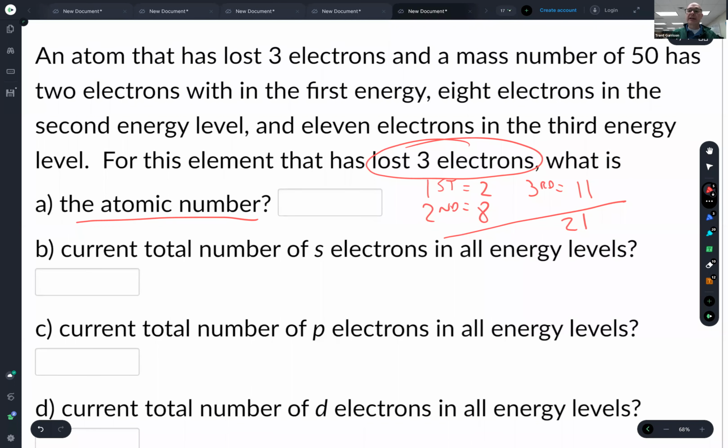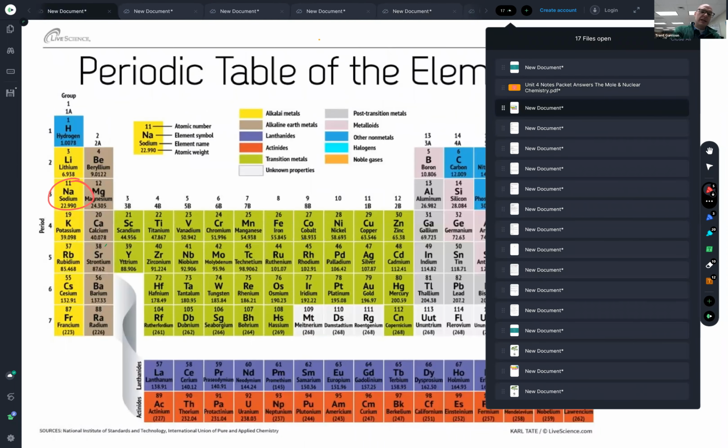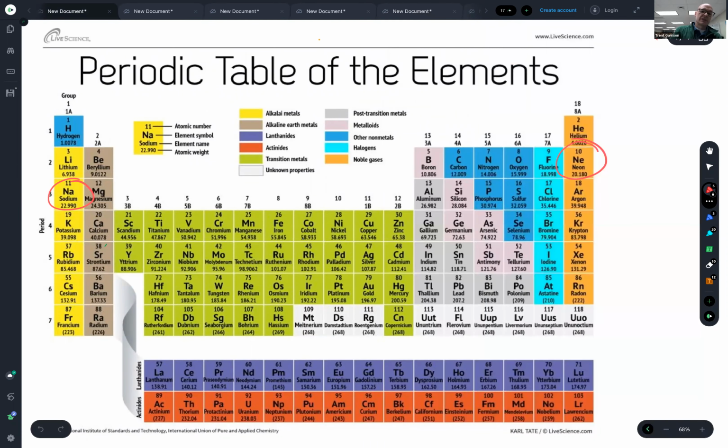It lost 3 electrons. Simply stated, it was at 21 currently. It lost 3. It's chromium. That's the element. If it was at 21, it lost 3. That means it needed to add 3 more to it to make it into chromium.